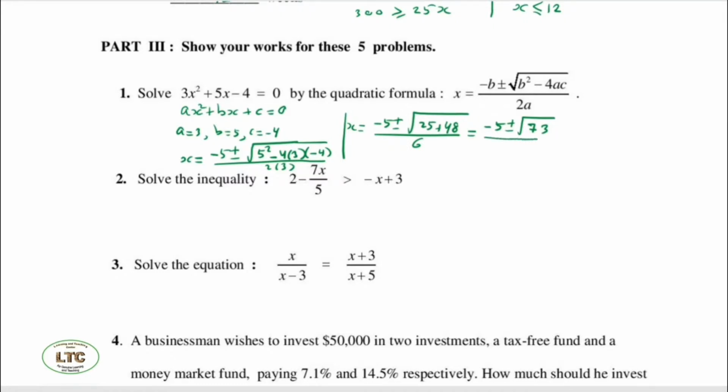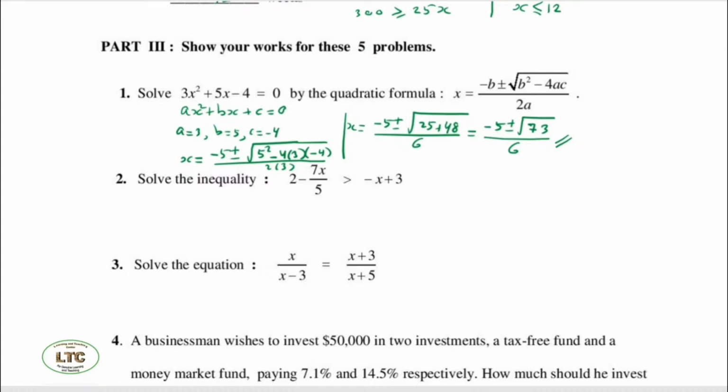Okay, over 6. 73, you cannot divide by 2, you cannot divide by 3, you cannot divide by 5, you cannot divide by 7, you cannot divide by 11. Therefore this is a prime. So these are two solutions.